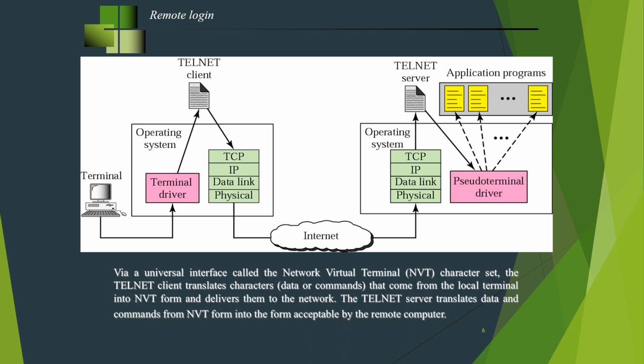The user sends input to the terminal driver. The local operating system accepts the characters but cannot interpret them, so the characters are sent to the telnet client. This is the first part of the figure: the terminal driver sends the characters via the operating system to the telnet client.